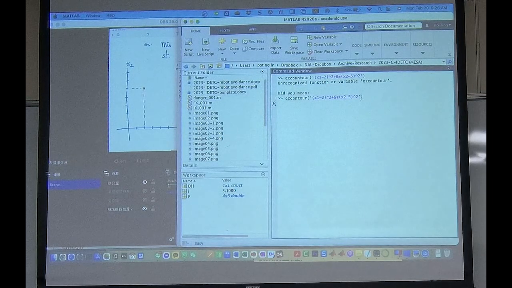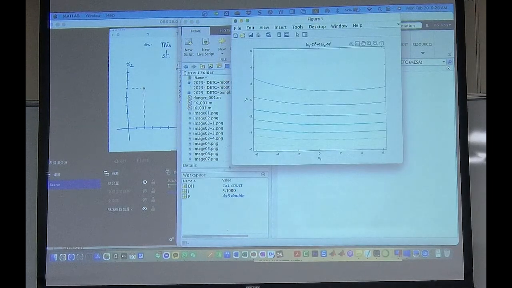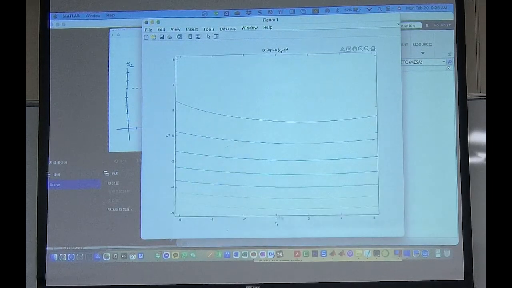Oh, I type. So 2 and 5 is right here. 2, 5. So the contour looks like this.